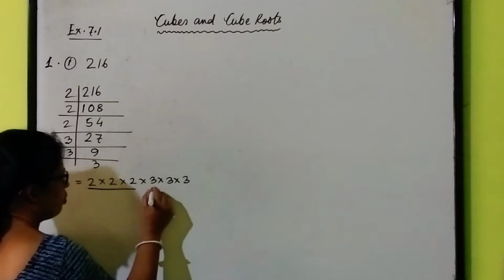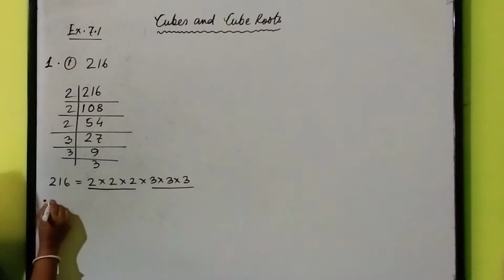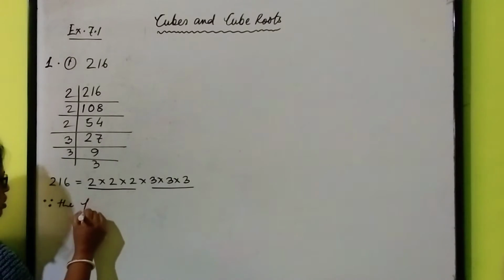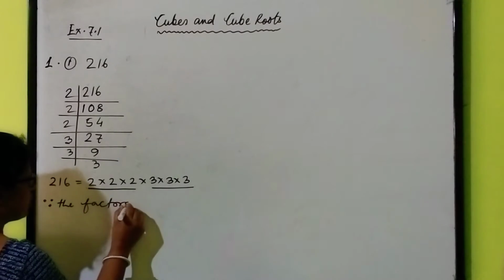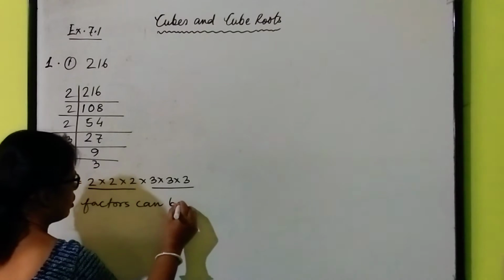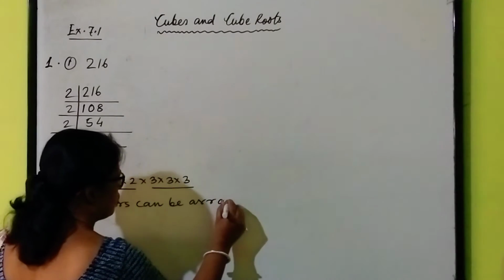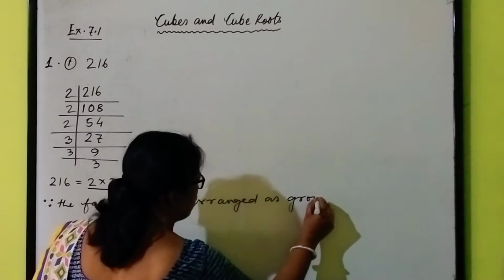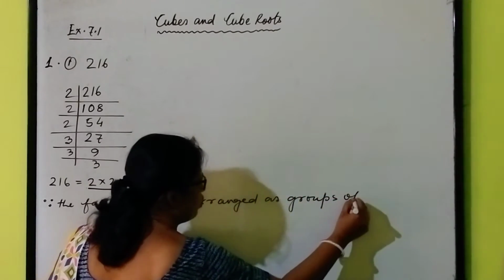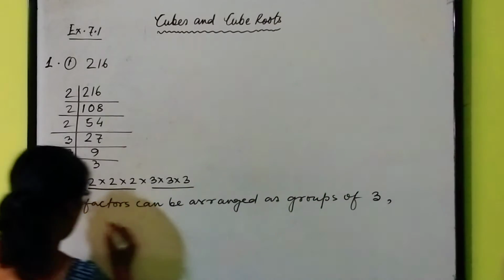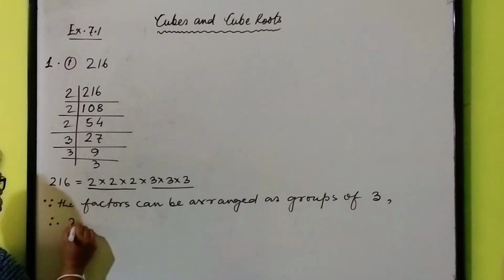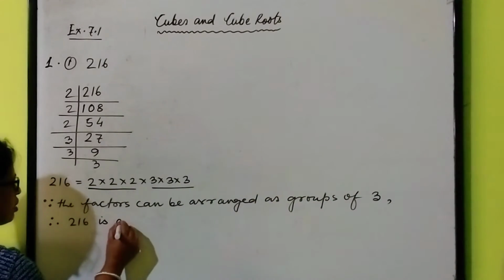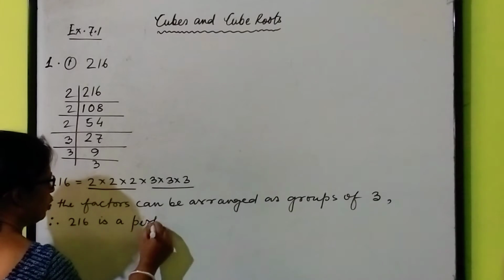Here we will make triplets. Since the factors can be arranged as groups of 3, therefore 216 is a perfect cube.